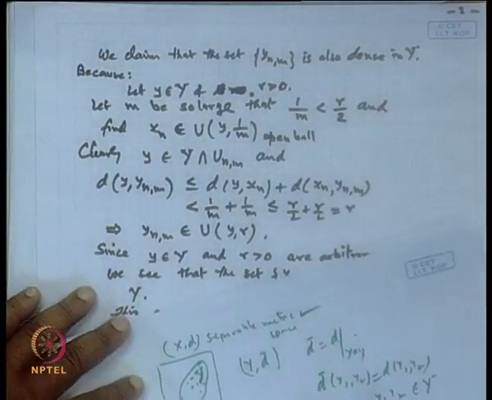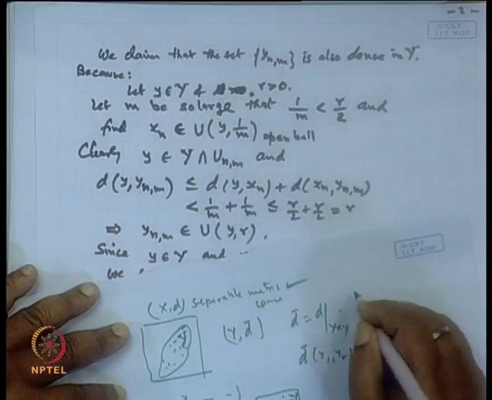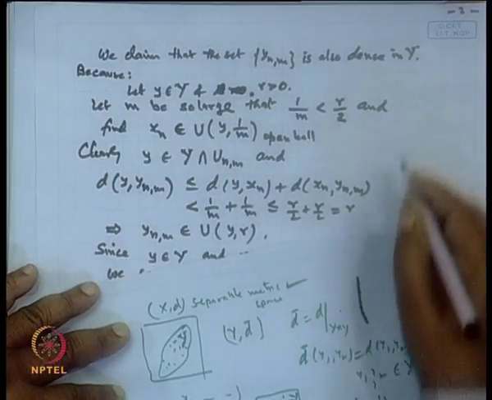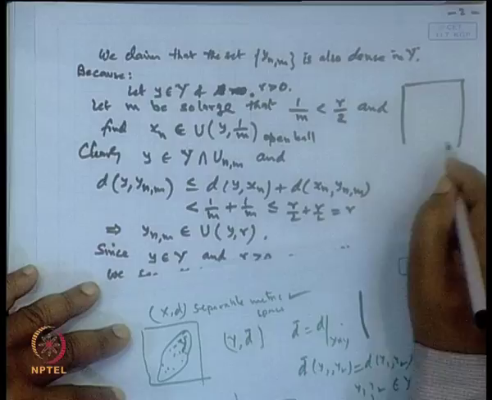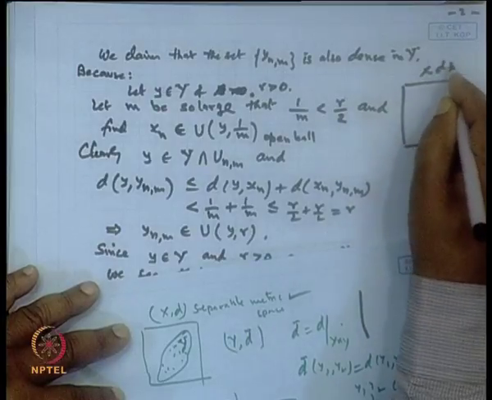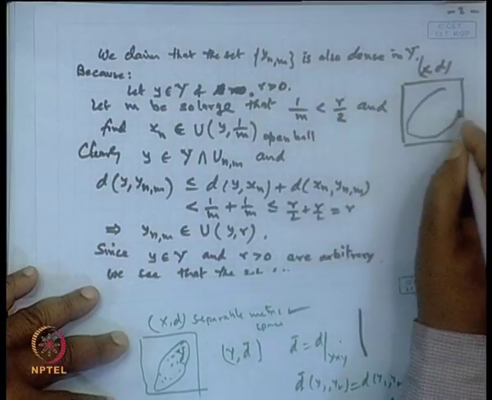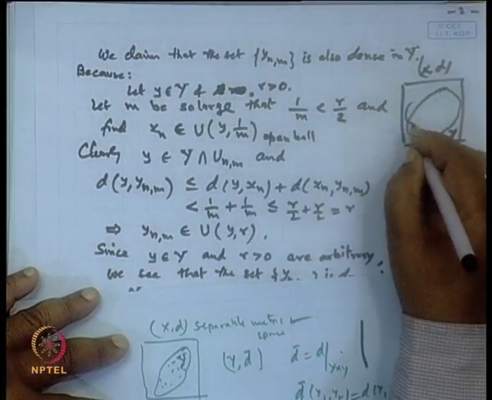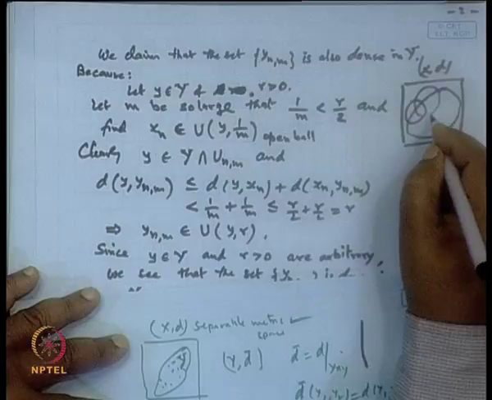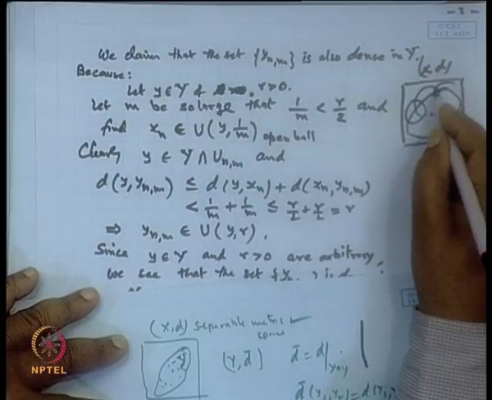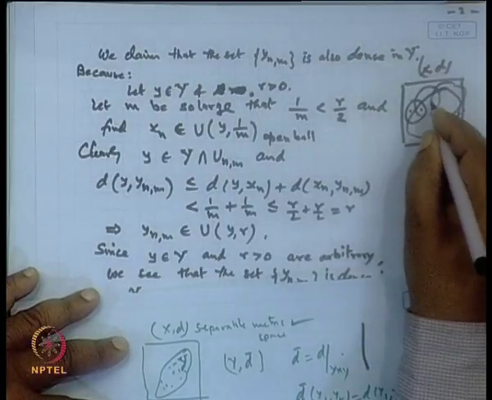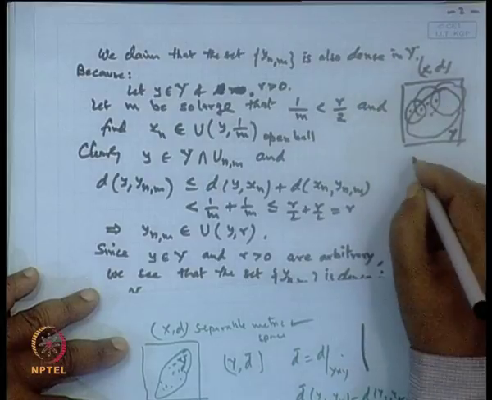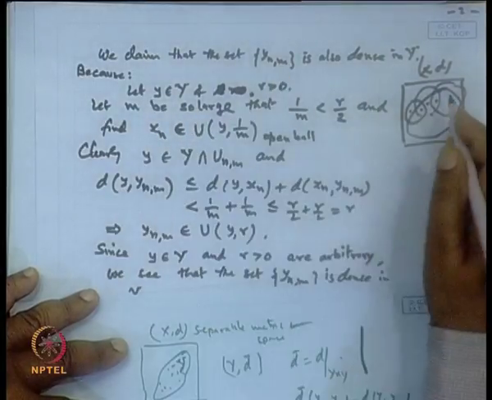So, how to prove it is dense in Y? This is our X, and here this is Y, and these are the balls where the y_nm are situated.